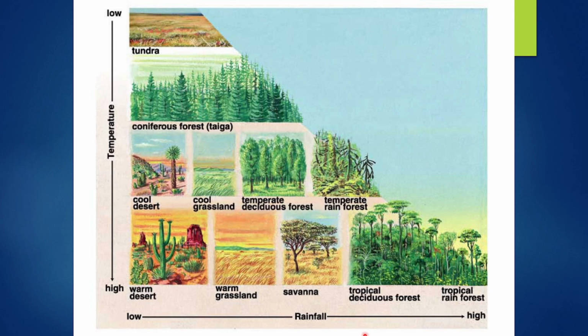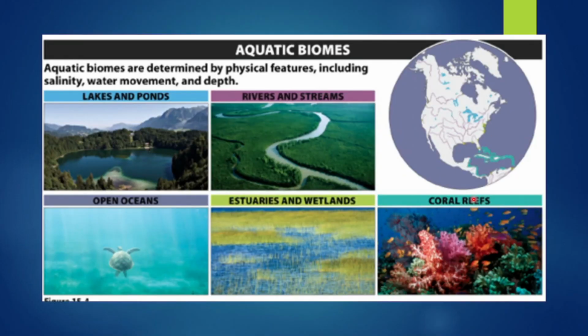This is a very good diagram for the biomes, where the x-axis is the amount of rainfall and the y-axis is temperature. At very low temperature and very low rainfall, you have the tundra, the coldest places on Earth, and with the highest temperature and the highest amount of rainfall or precipitation, the tropical rainforests, similar to the ones we have in Southeast Asia in general. And also aquatic biomes, which we'll be discussing in the future.